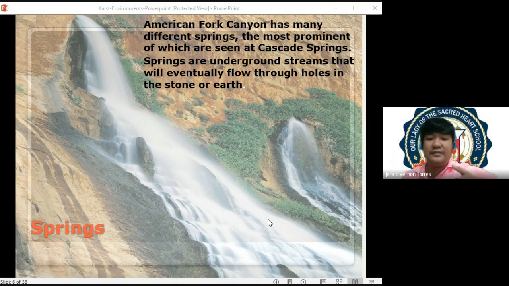Remember, nasa parent rock natin, sometimes nag-infiltrate dyan yung water. And underneath the parent rock, meron dyan area na tinatawag nating water table where water can flow. Sometimes there will be a point na makakabuo tayo ng hole, mag-serve siya as exit point for that groundwater, and this exit point for groundwater is yung tinatawag nating class na spring.